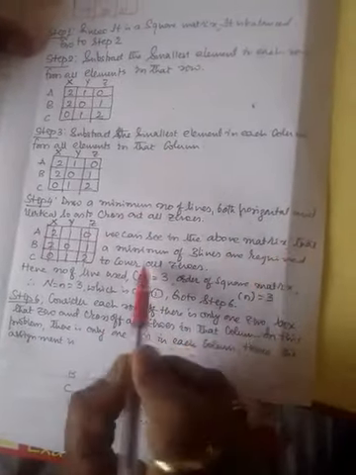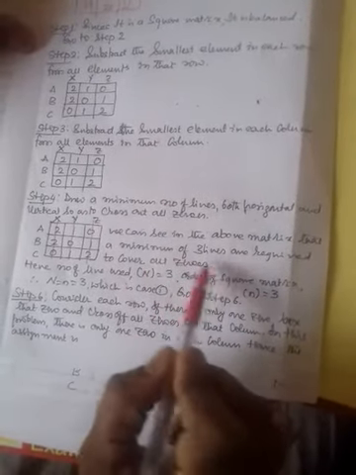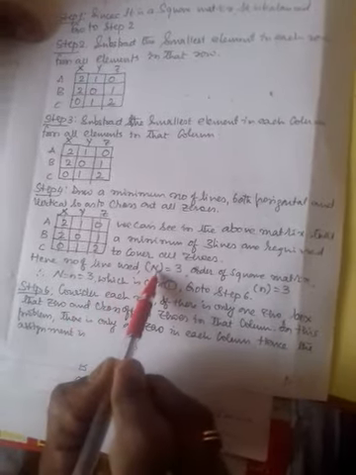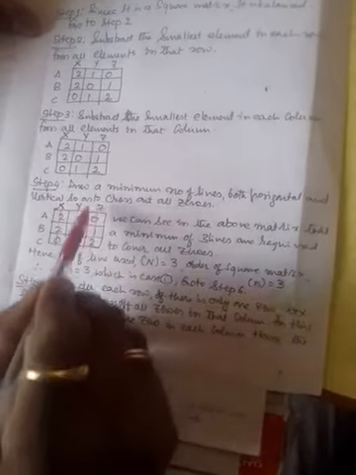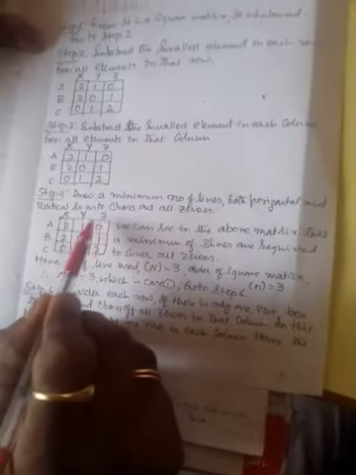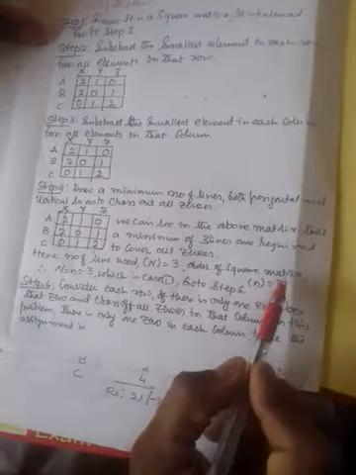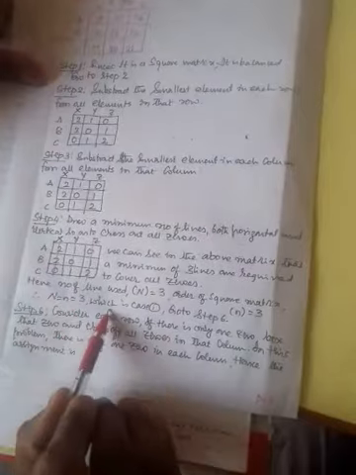We can see in the above matrix that a minimum of 3 lines are required to cover all the zeros. Here, number of lines used, n, equals 3, as shown with the red ink. Order of the square matrix N equals 3 from the given. Therefore, N equals n equals 3, which is case 1, that is, number of lines equal to the number of rows.